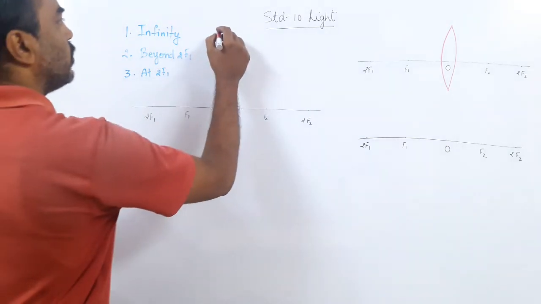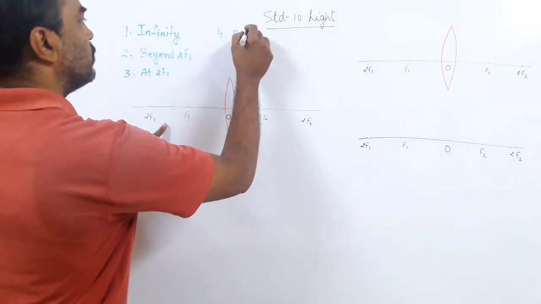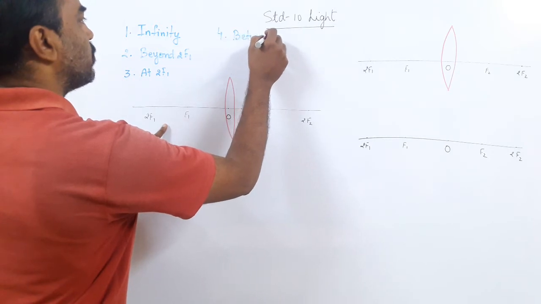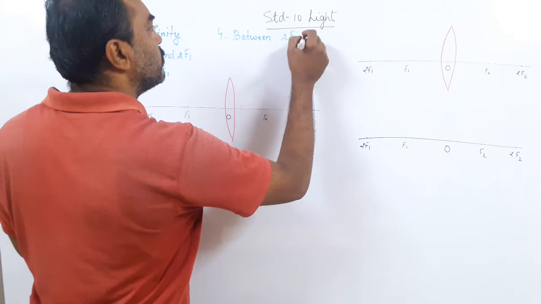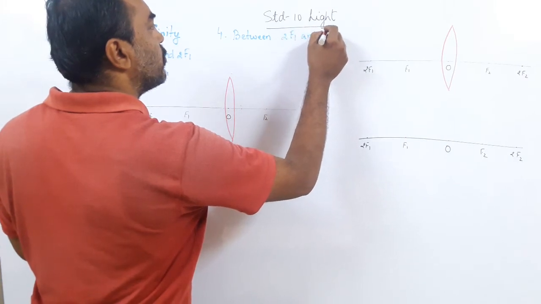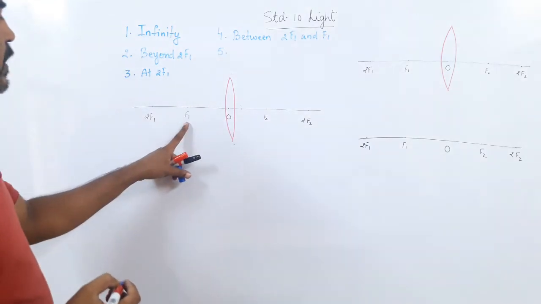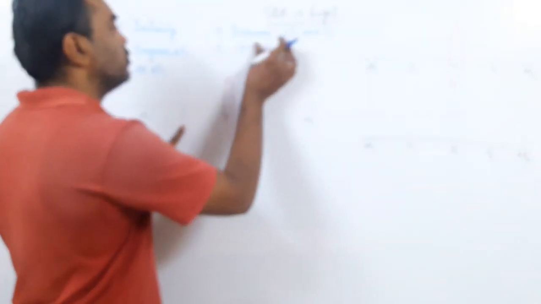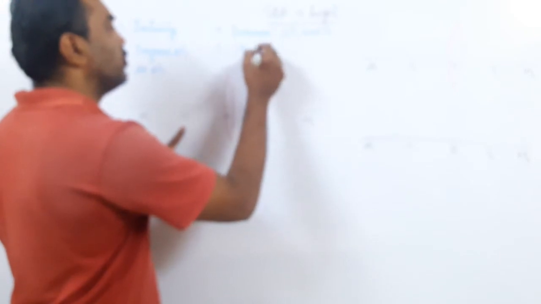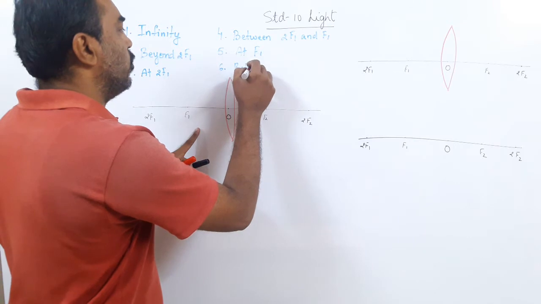Case number 4, it will be between 2f1 and f1. Case number 5, it will be at f1. And case number 6, between f1 and O.